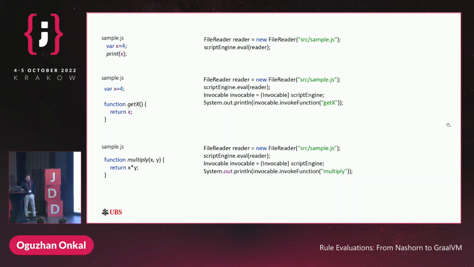If it was Java itself, of course it would throw an exception, but here it's JavaScript, so the arguments are undefined, and the result of the multiplication is actually not a number. JavaScript is a bit flexible here.